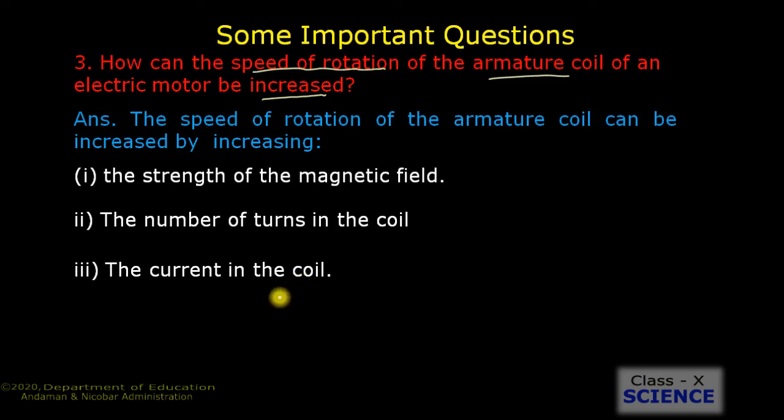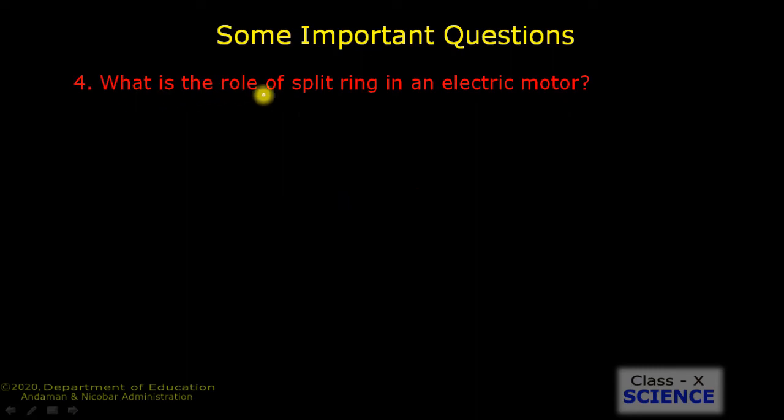If we pass more current, then more current will flow in the coil and the force exerted will be maximum. So the speed of rotation of the armature coil will be more. This way we can increase the speed of rotation of the armature coil of an electric motor by increasing these three quantities.